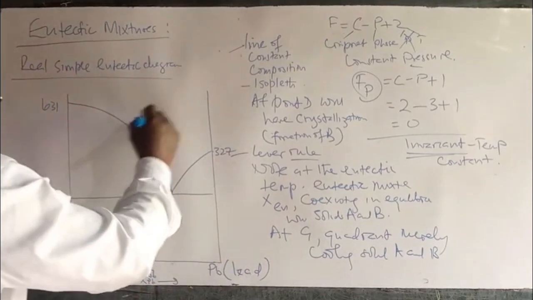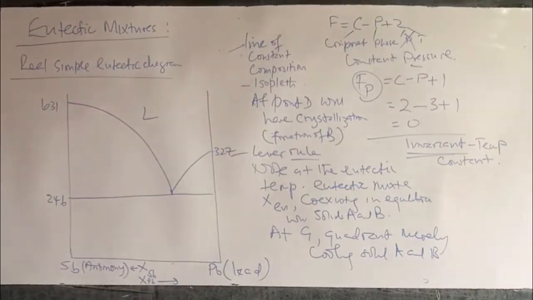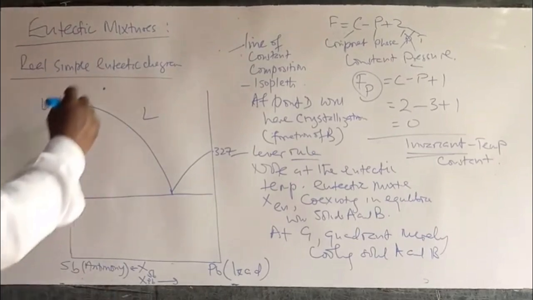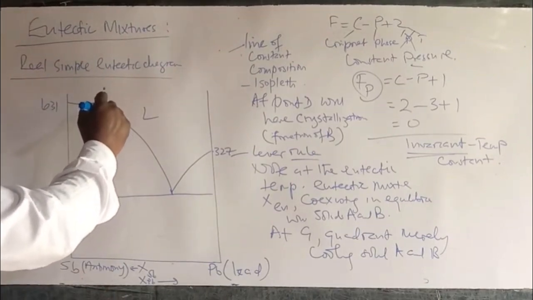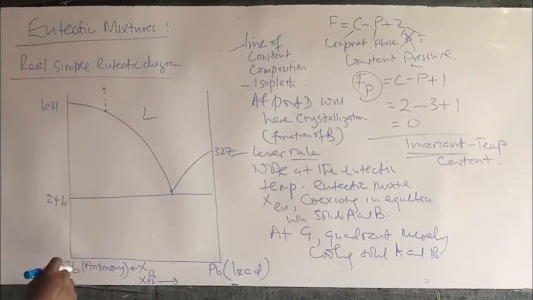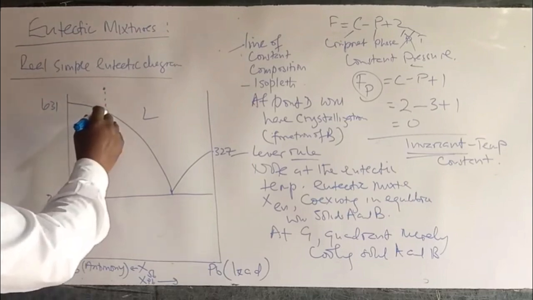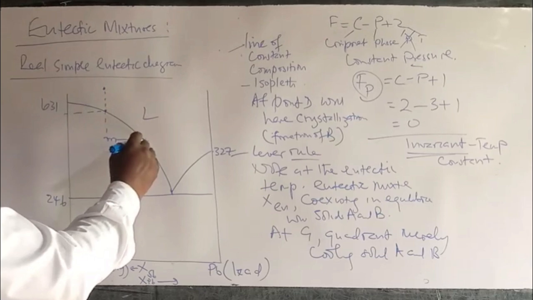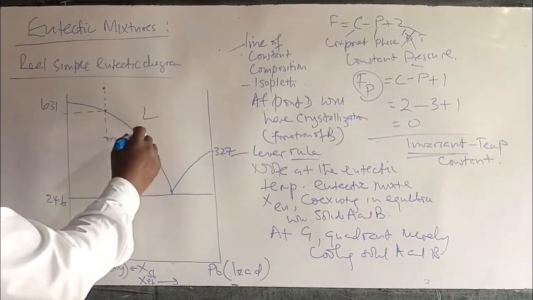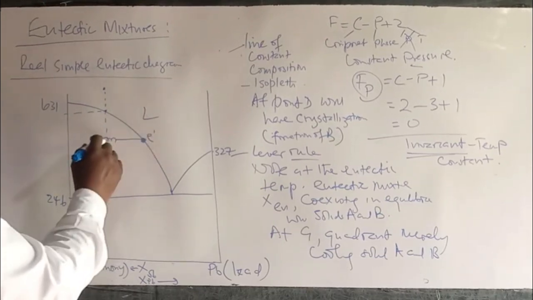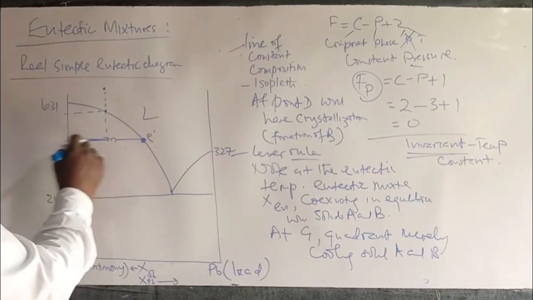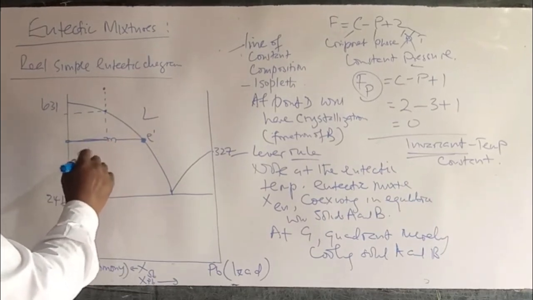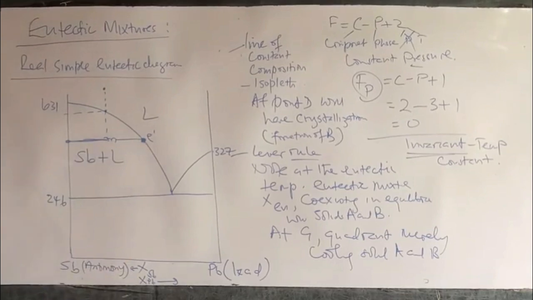So again, we have liquid at that particular point. Remember, if you take a state point there and you are cooling it down, you'll have the first crystals of antimony forming, and you have the liquid. So at that particular point, that is the composition of the liquid. Let's call it E prime, and we have the antimony coexisting in equilibrium with the liquid.